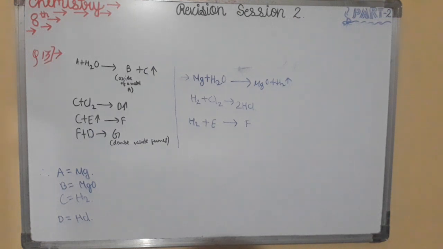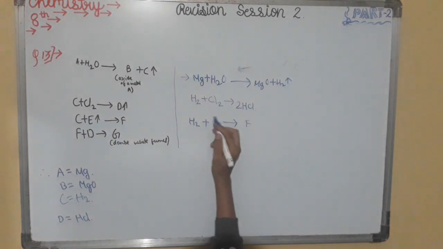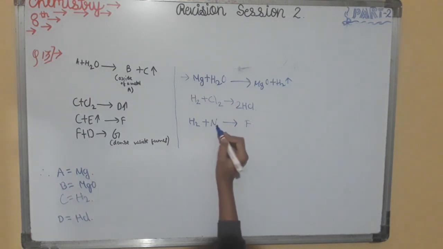But we have learned an equation which we can think is suitable here. First of all, they said that E is a gas whose percentage is maximum in the atmosphere. So of course it is nitrogen, N2.